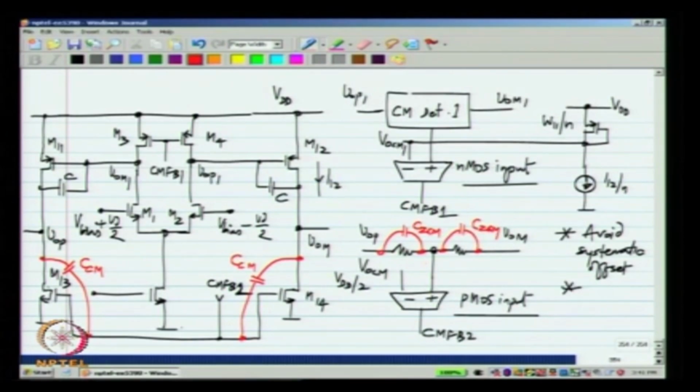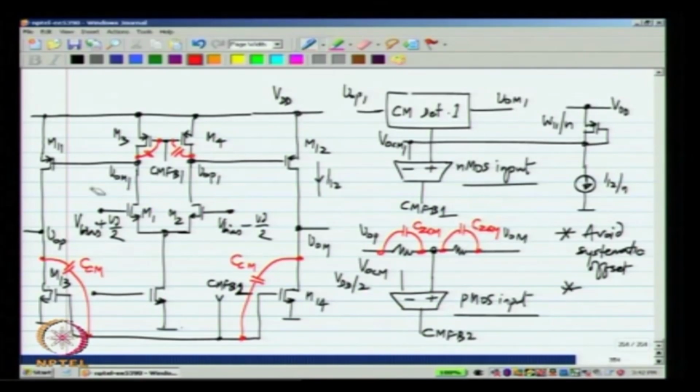And this may be needed in both stages. Whether you need an explicit capacitor here or a capacitor elsewhere, it entirely depends on the bandwidth requirements and so on of the common mode feedback circuit.